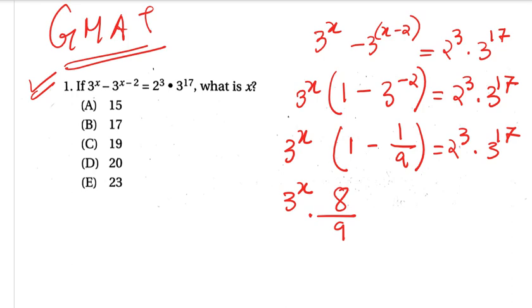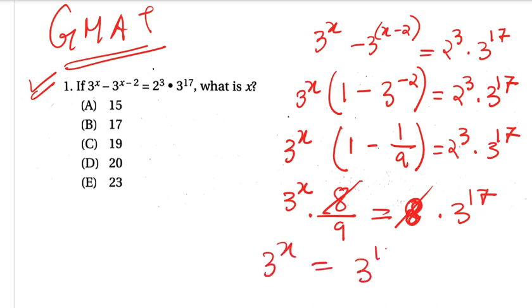You know your fraction addition. Okay, I must not tell you that. So this is 8 times 3 to the power 17. Yeah, 2 to the power 3 is 8. Cancel the 8 and 8 out. You have 3 to the power x is equal to 3 to the power 17 into 9. So 9 is 3 to the power 2. So you have 3 to the power x is equal to 3 to the power 17 into 3 to the power 2.